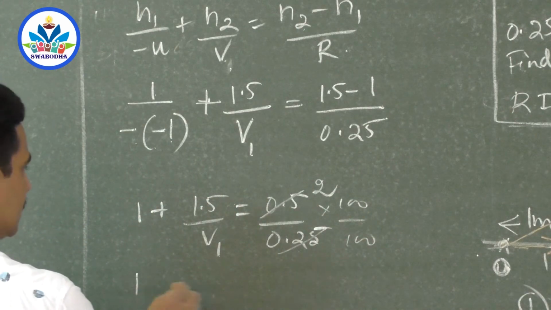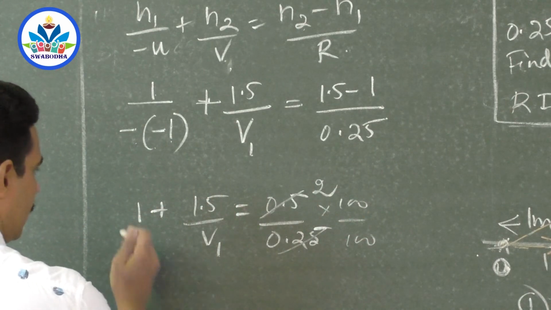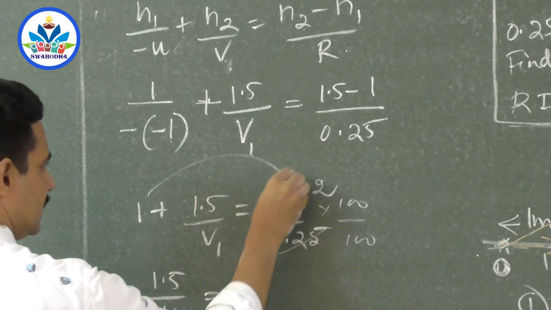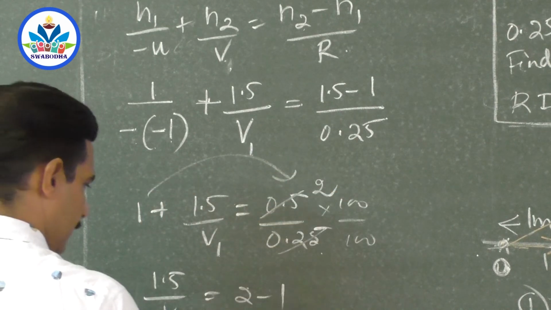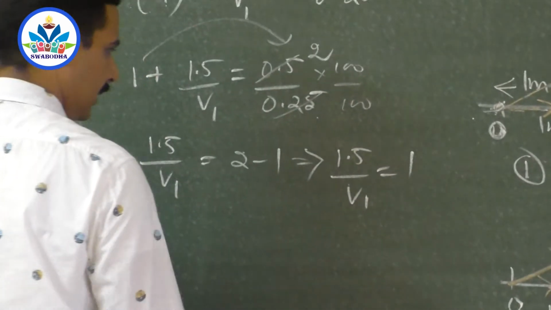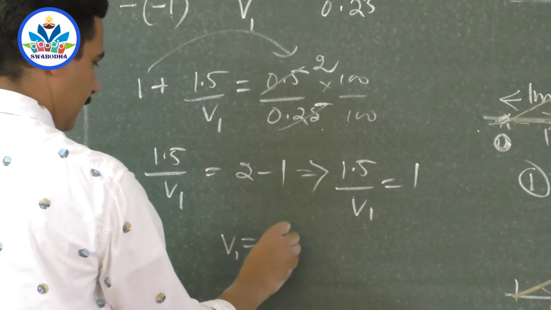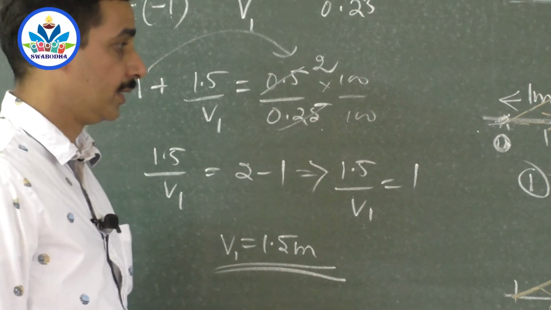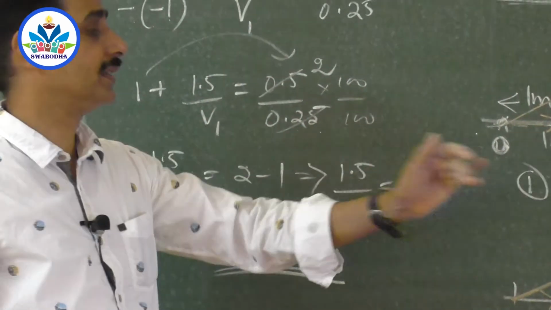Okay, 1 plus, I will take this one to the other side. 1.5 by V1 is equal to this one to this side. This is 2 minus 1. That implies 1.5 by V1 is equal to 1. What is V1? V1 is equal to 1.5 meters. We got it as 1.5 meters. Oh, now it is going outside the surface.